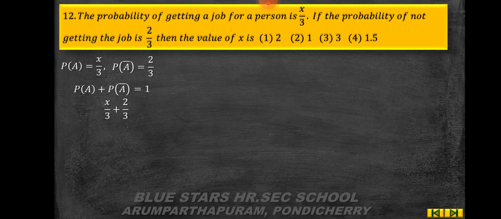So x by 3 plus 2 by 3 is equal to 1. The denominator is the same, so you can add the numerators. So x plus 2 by 3 is equal to 1. x plus 2 is equal to 3, then x is equal to 3 minus 2, it gives x is equal to 1. So the correct option is option 2. The answer is 1.